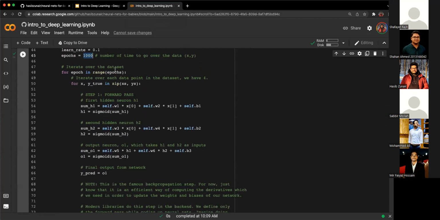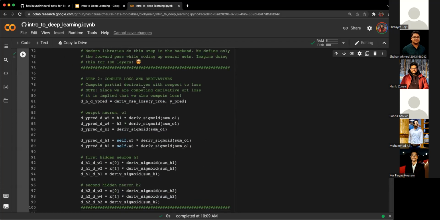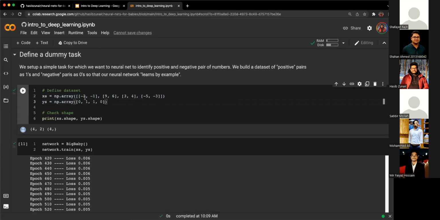Now we simply iterate over the data set, which we do using a for loop over here. And then we also use another for loop which iterates over each data point. If you run a for loop over here, you're first going to iterate over this point where your X would be -2 and -1, and your Y would be 0, in this case a negative pair of numbers.